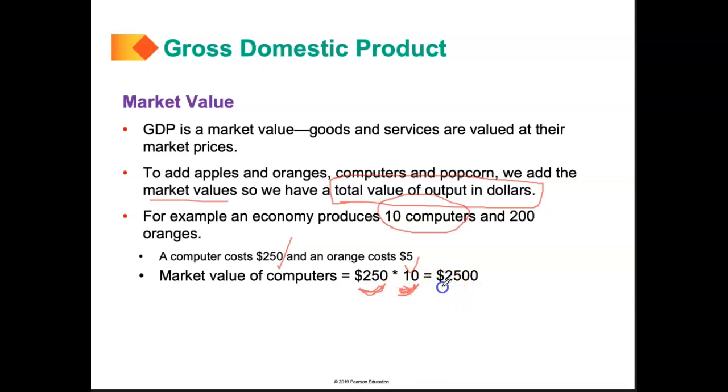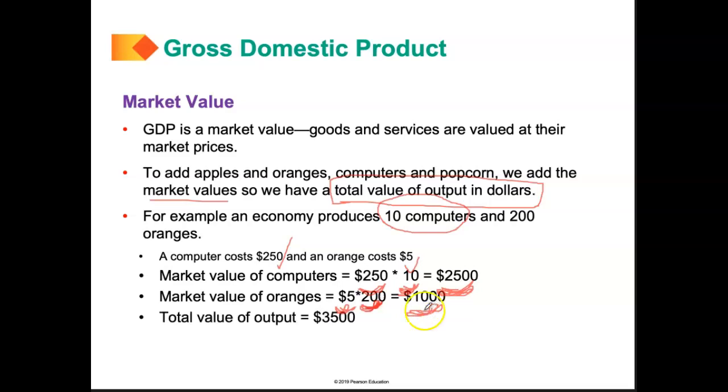So the market value of computers is $2,500. We also take the market value of oranges, the price of oranges times the number of oranges produced, and that is $1,000. Then we add it up to find the total market value, and that is going to be our GDP in this economy. So the total market value of goods is equivalent to the GDP.